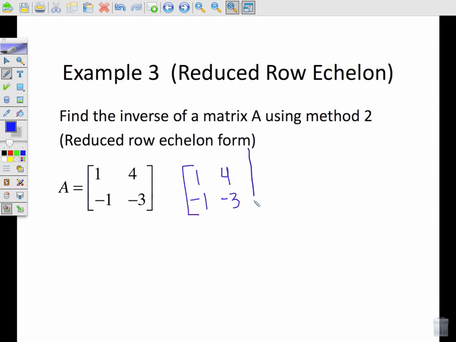But we also want to put next to it the identity matrix. If I can make the left side equal the identity matrix by using my operations, then the right side will end up being my inverse. So what I can do is take row 1 and add it to row 2, and I'm going to replace row 2.